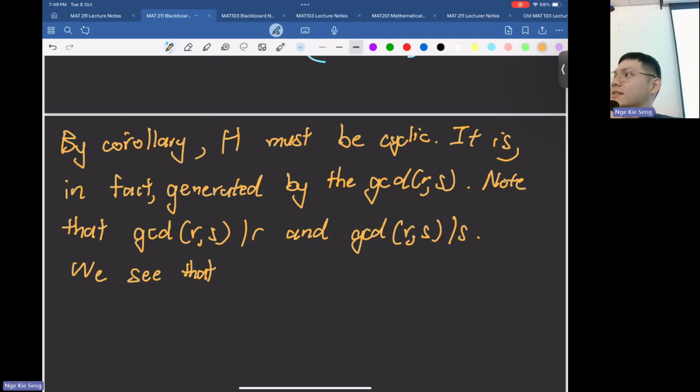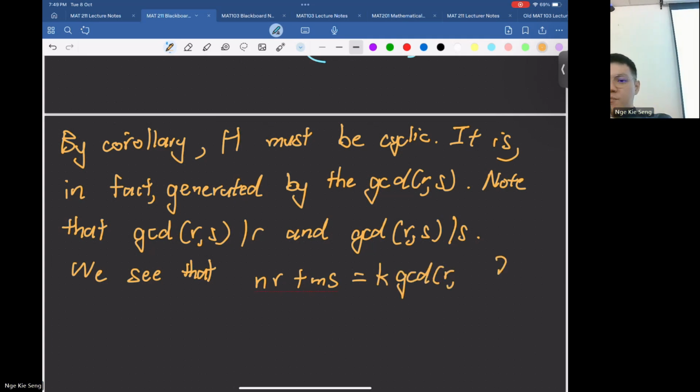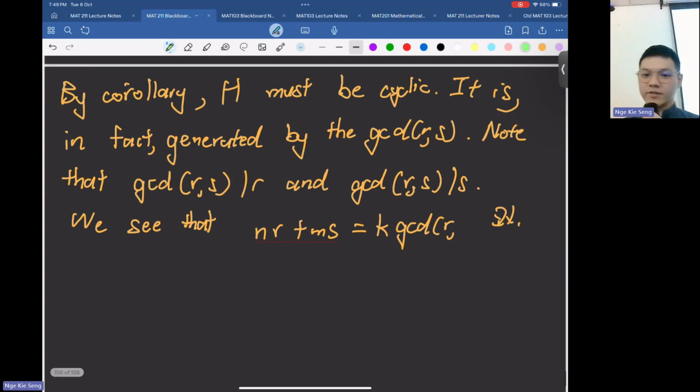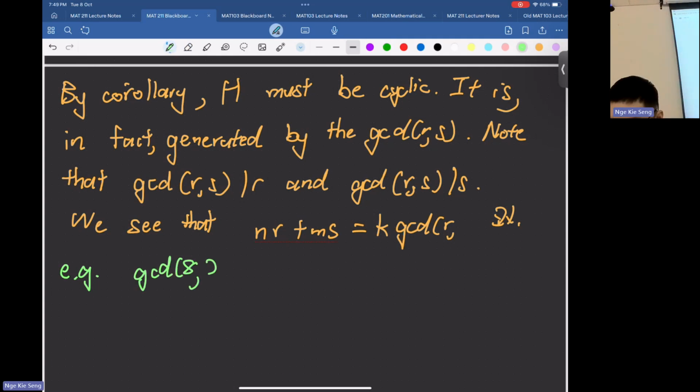So it will solve a Diophantine equation, which is NR plus MX equals K times the GCD of R and X. Maybe you didn't learn the general statement. What you learned should be the Euclidean algorithm. Let me do an example. Let's find the GCD of 8 and 22.